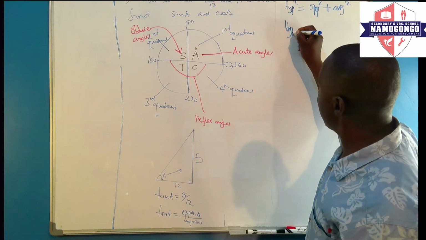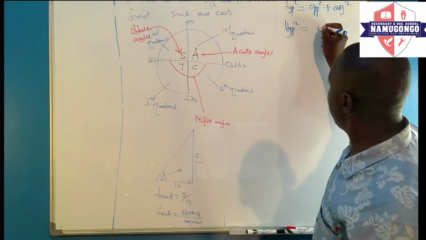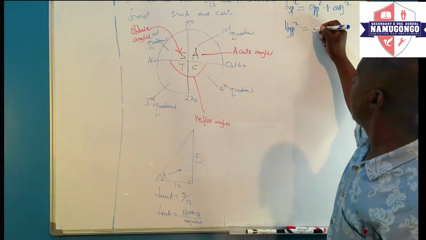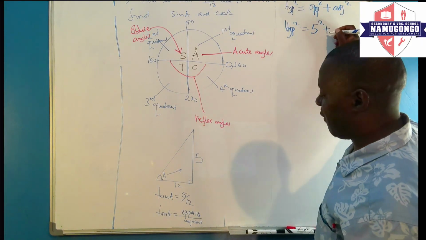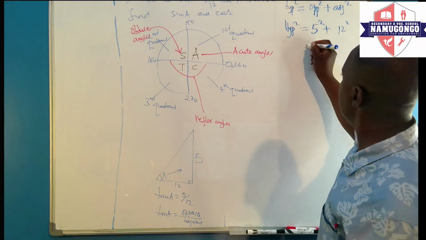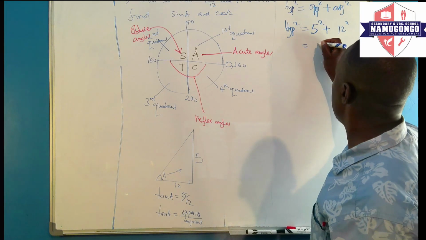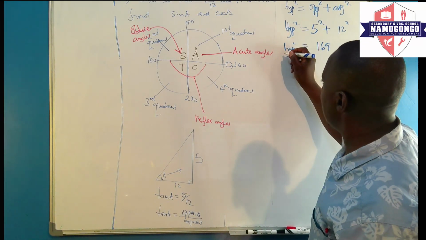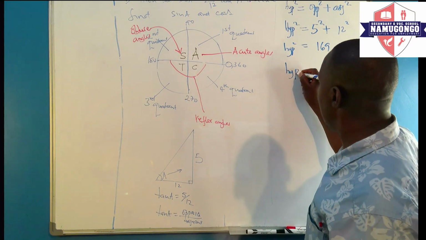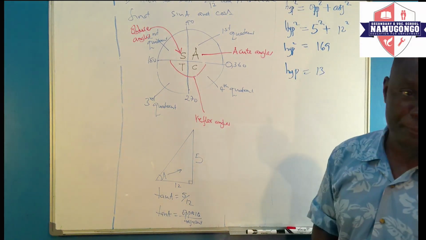So hypotenuse squared is equal to 5 squared plus 12 squared. This is going to give me 169, which is my hypotenuse squared. You get your hypotenuse as 13.